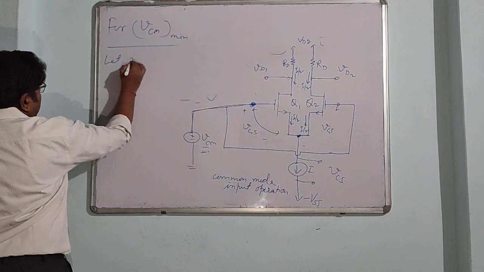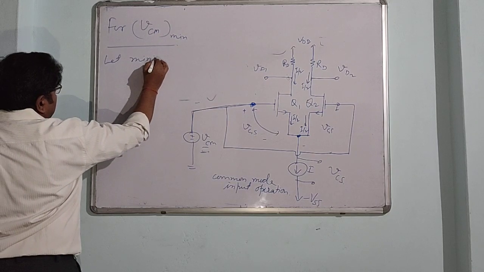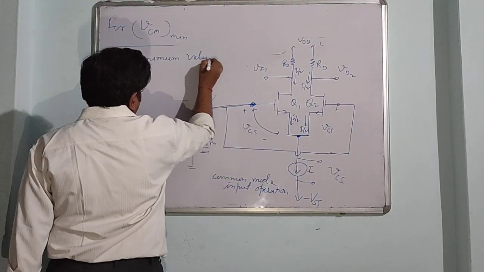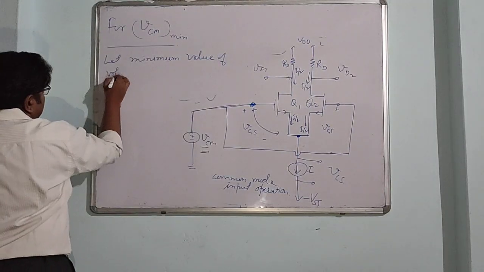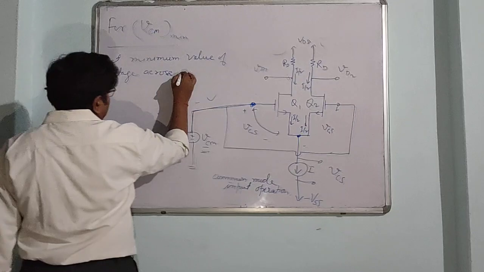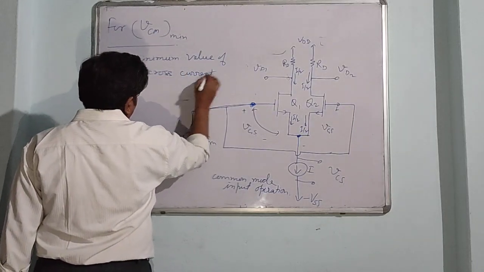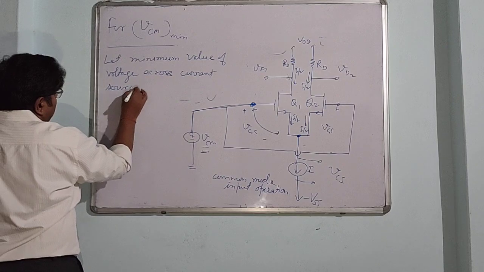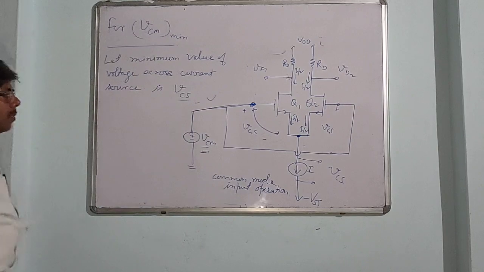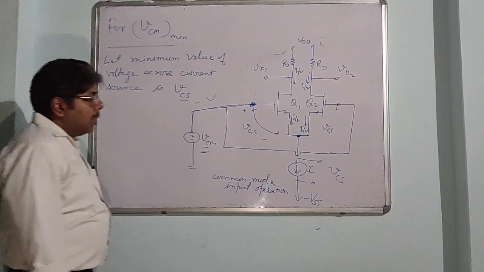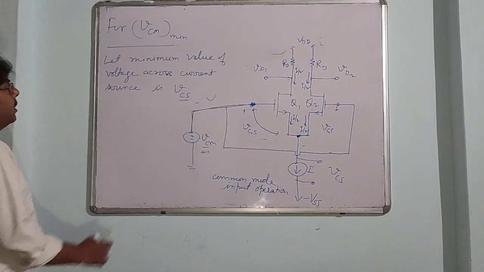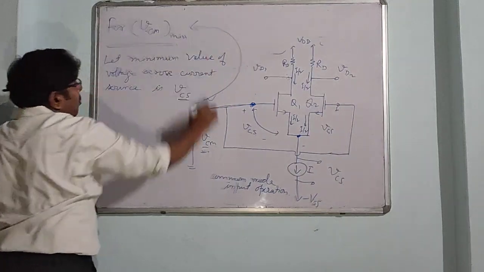Let the minimum value of voltage across the current source be VCS. This is the minimum required voltage to operate this current source, and this will decide the minimum value of common mode.